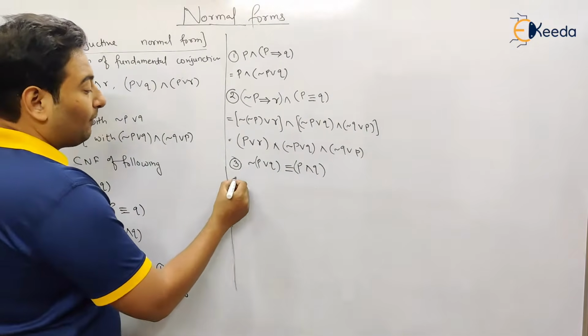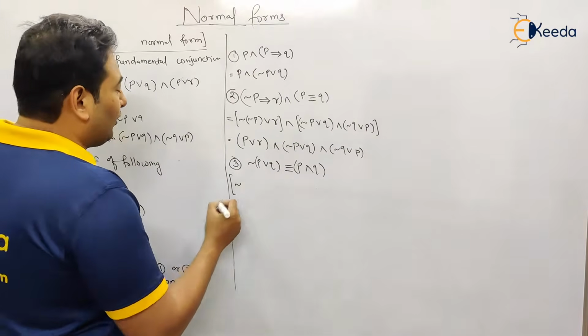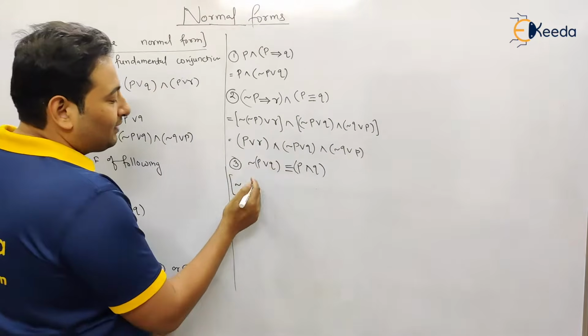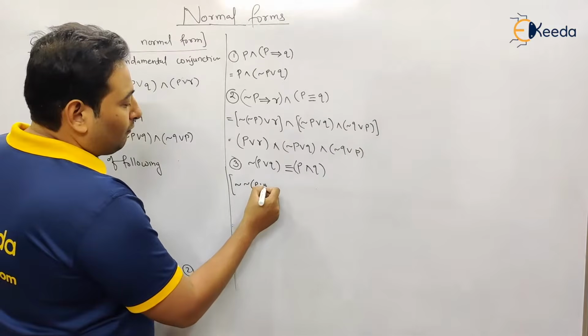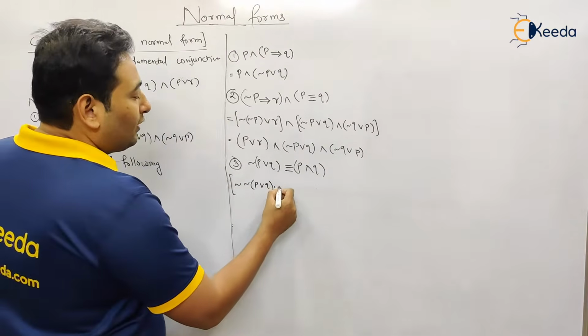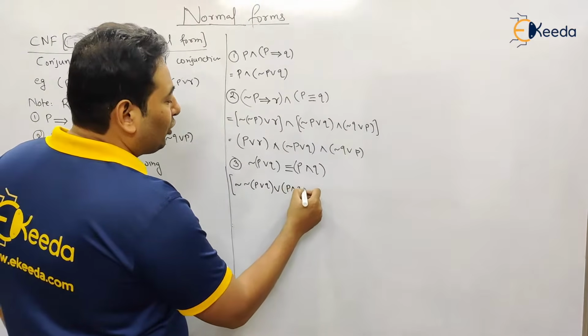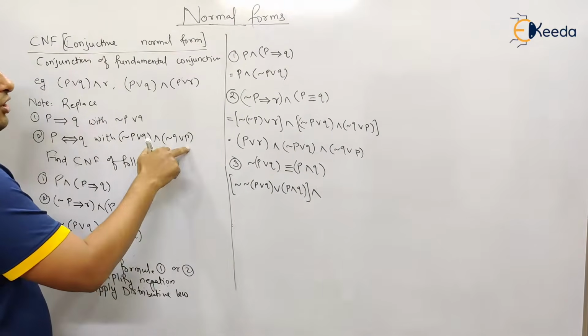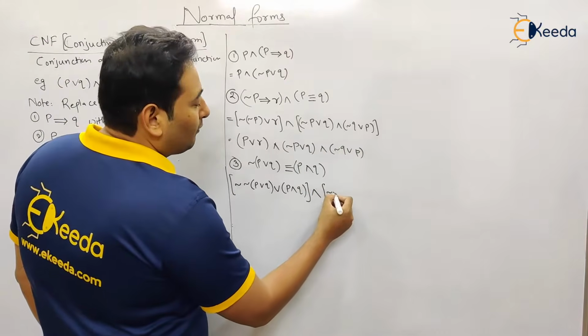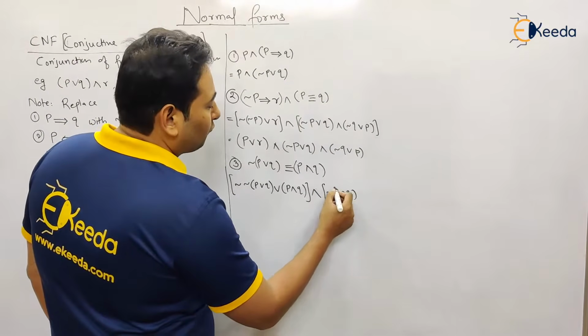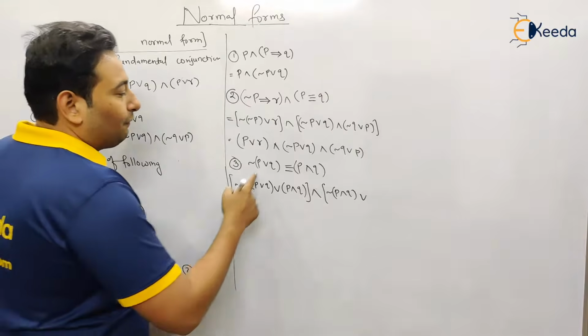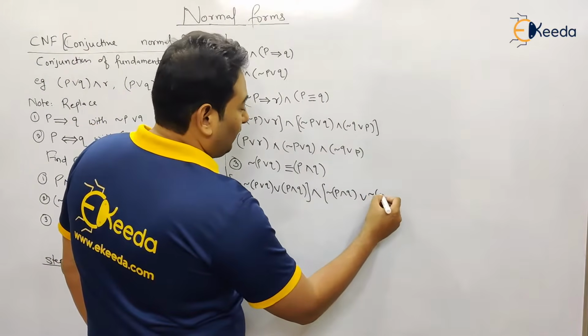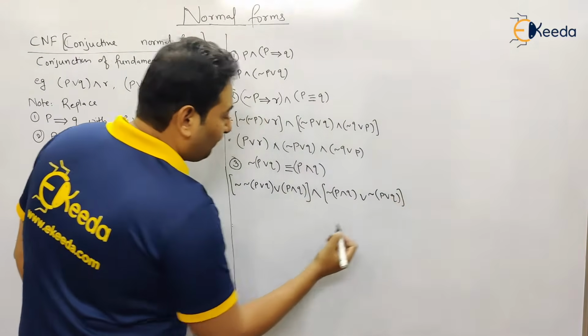Let's apply the formula: negation of the first term, that means this, or the second term, that is P and Q, in between and, and negation of the second term or first term.